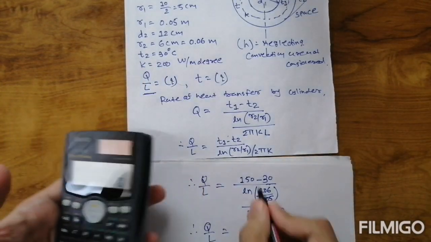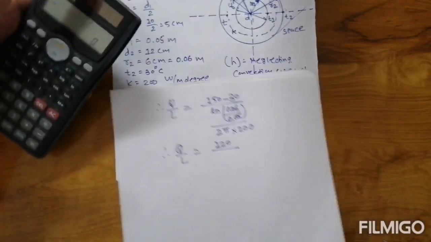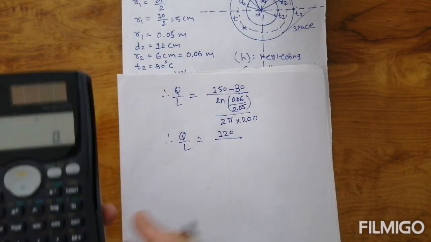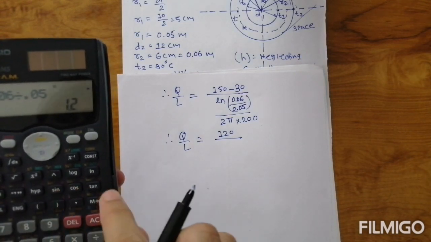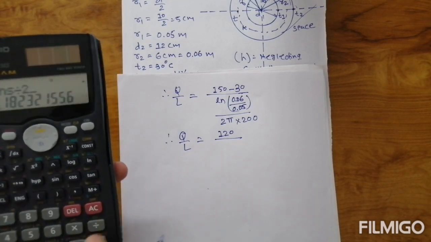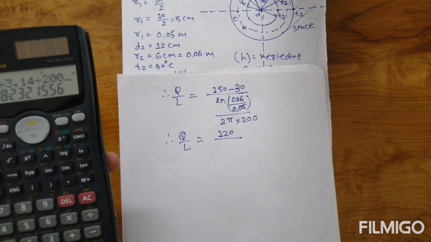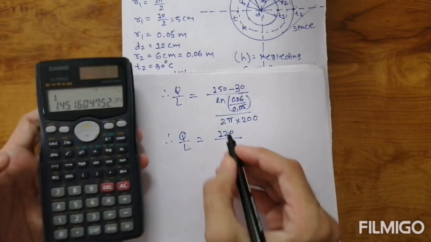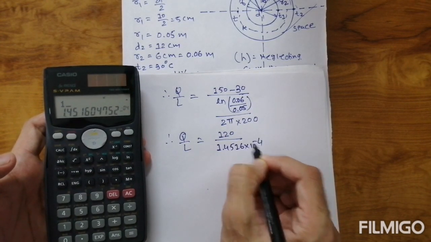Okay, so first the upper side, 150 minus 30, will be 120. Okay, then after, 0.06 divided by 0.05, into ln of the answer, okay, divided by 2 pi and K. Okay, then 120, and the below side denominator is 1.516 into 10 raised to minus 4.